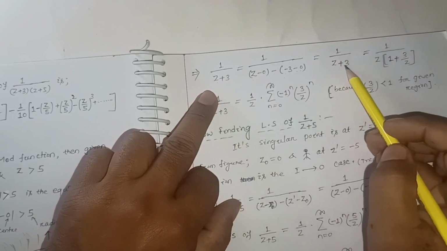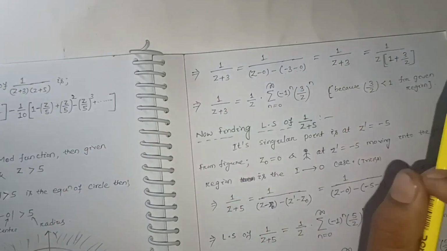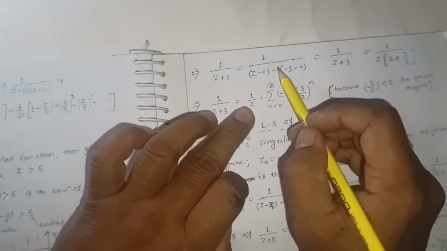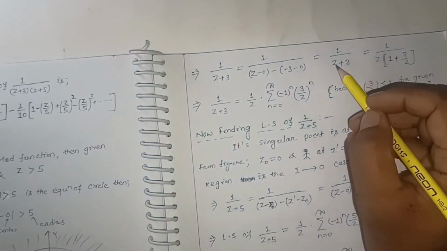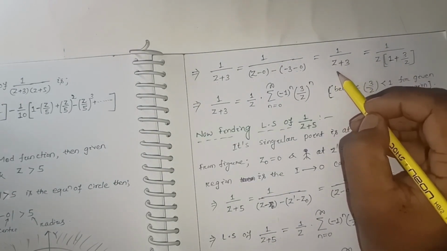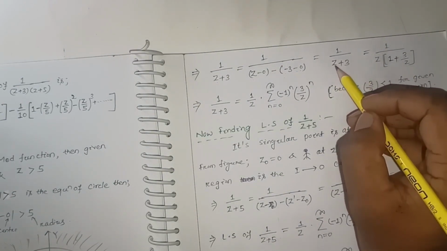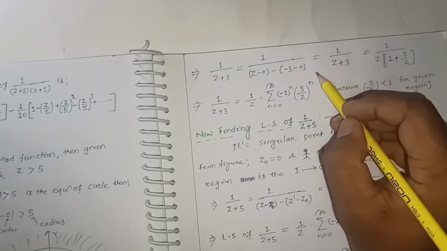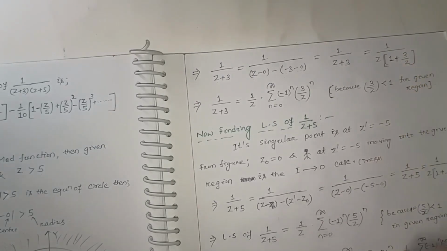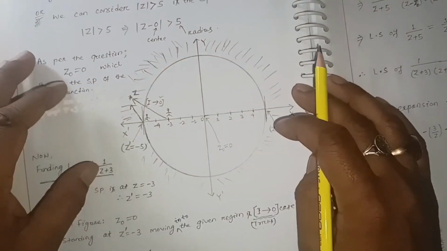That means for 1 by z plus 3, there is no need to multiply by minus, because this is an exact match. And here you can see what will be the first term. There are two terms, z and 3. The first term is z, taken outside. We get 1 plus 3 by z, and here 3 by z will always be less than 1. You can check with any number.